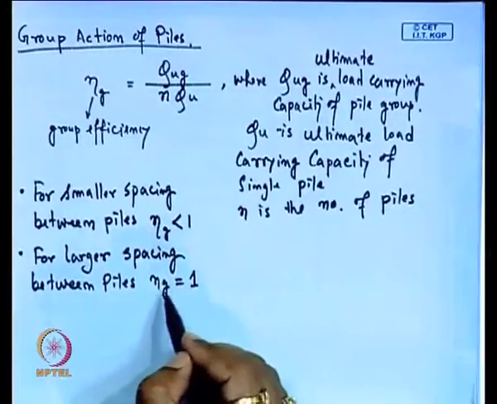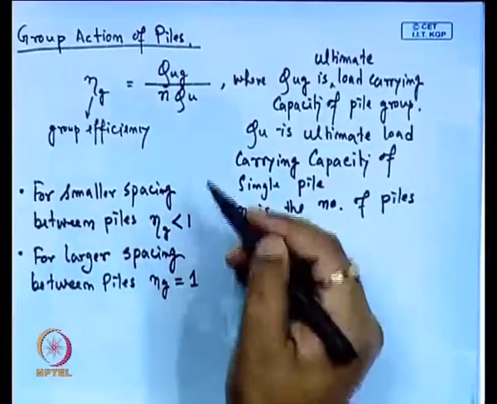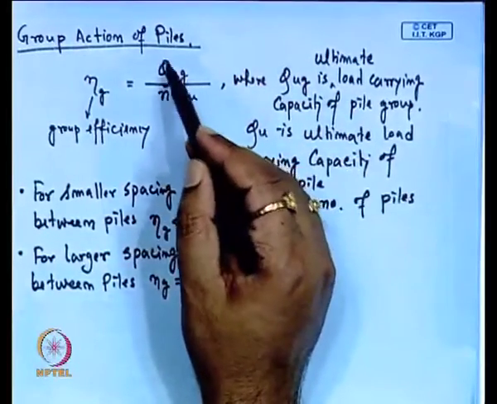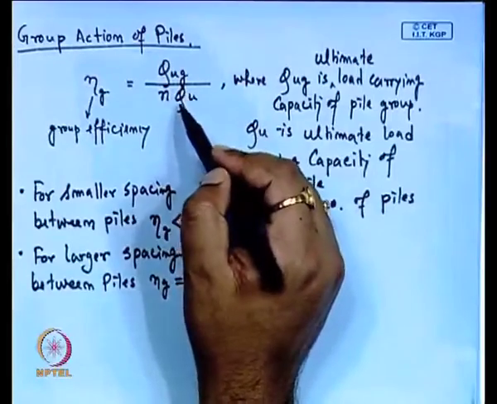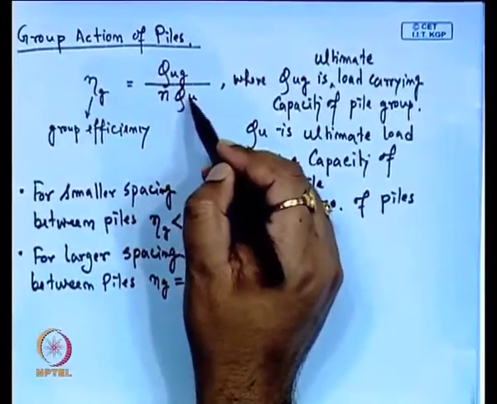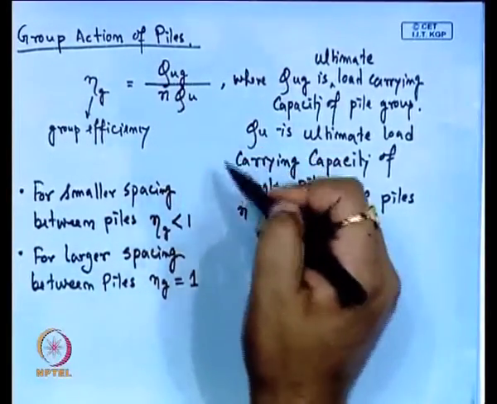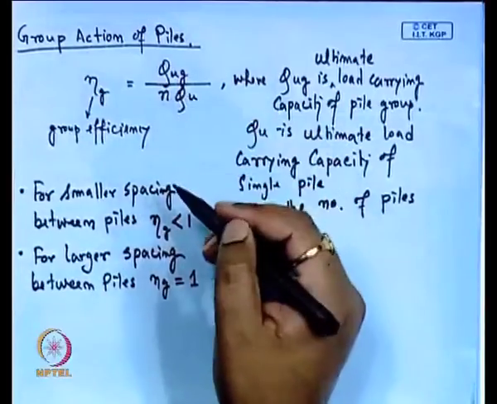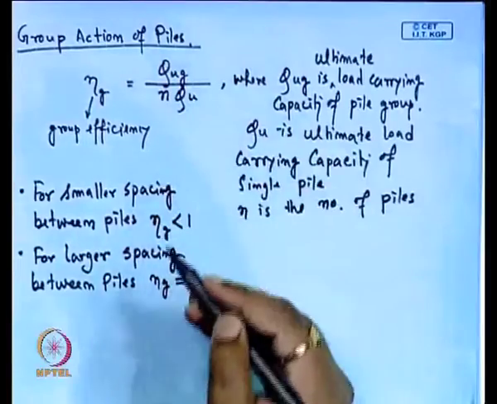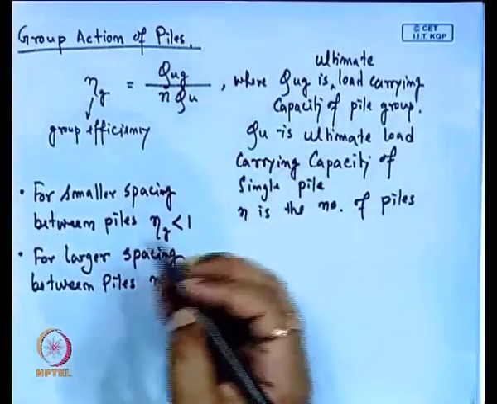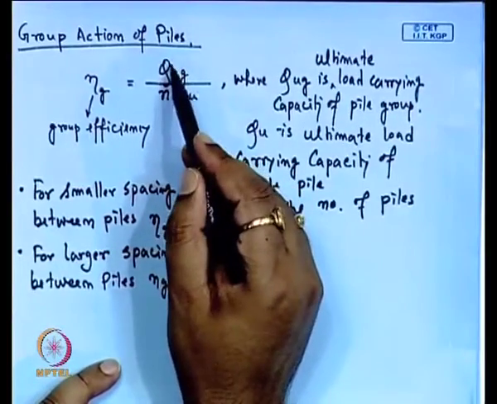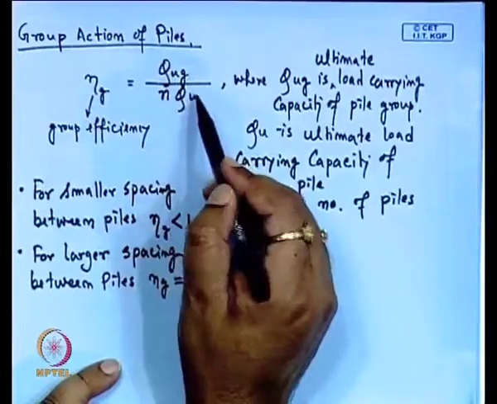In that case the efficiency of the group will be 1. If the spacing is very small, then due to the overlapping of the stress zone or influence zone of the individual piles, group failure will occur, and that load will be less than the sum of the individual piles' capacities. If we sum all the load carrying capacities of the individual piles, that will generally be more than the load carrying capacity of the pile group as a whole.